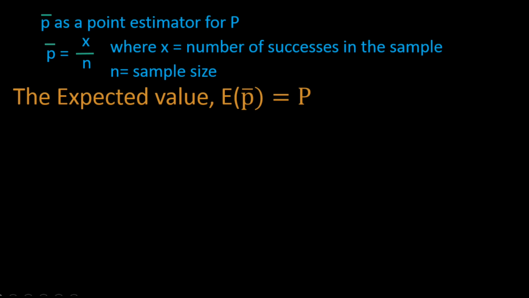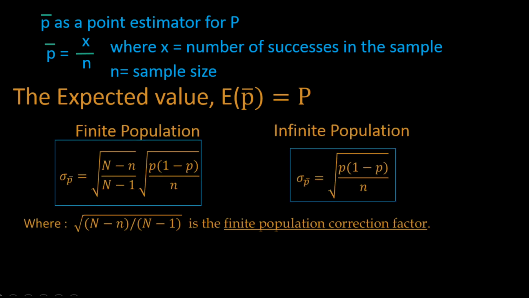We are again concerned with whether the sample comes from a finite population or an infinite population. Here is the formula. You can see on the left we have the finite population correction factor of the square root of big N minus little n divided by big N minus 1. As we discussed earlier, when the sample size is large enough, this correction factor will be approximately 1.